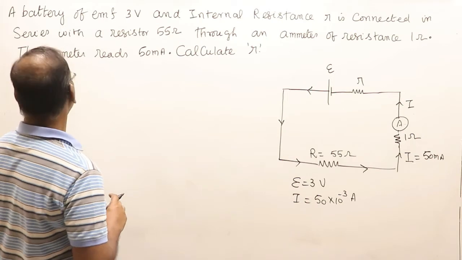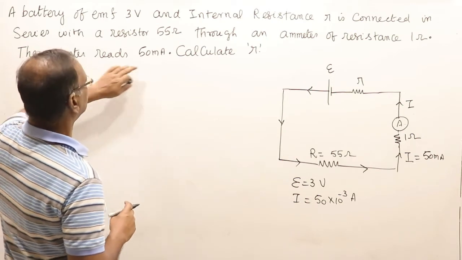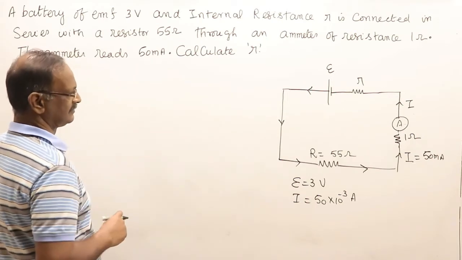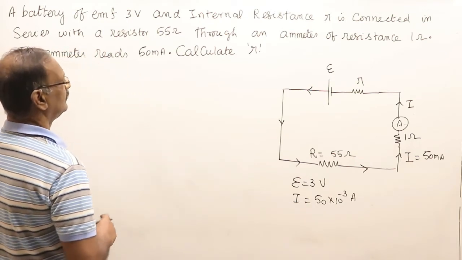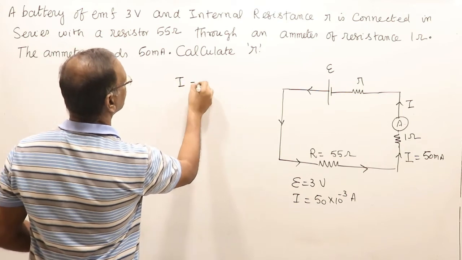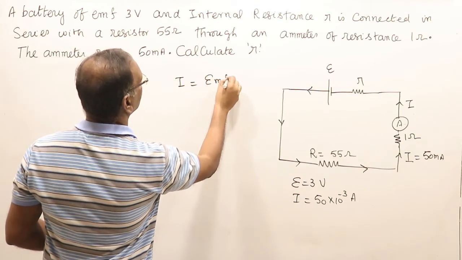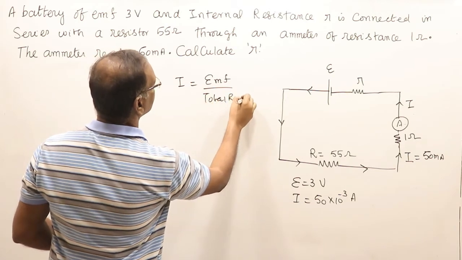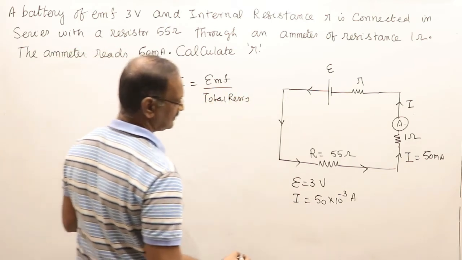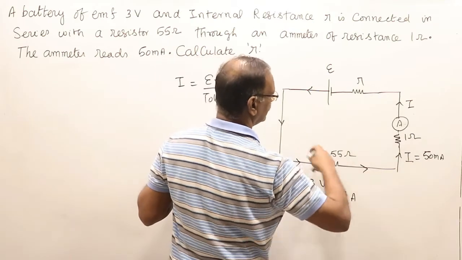Now, with the resistor and ammeter, we have to calculate the internal resistance. What is the current? Current is equal to EMF divided by total resistance. What is the total resistance? All the resistances are in series.